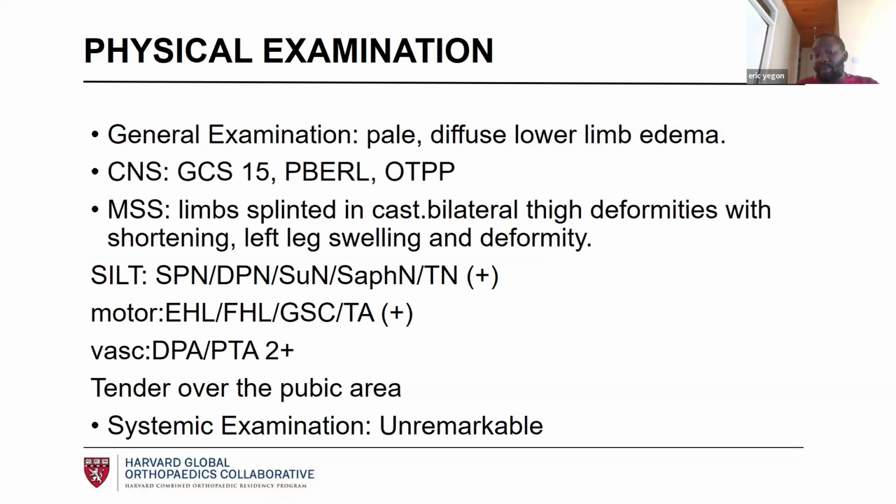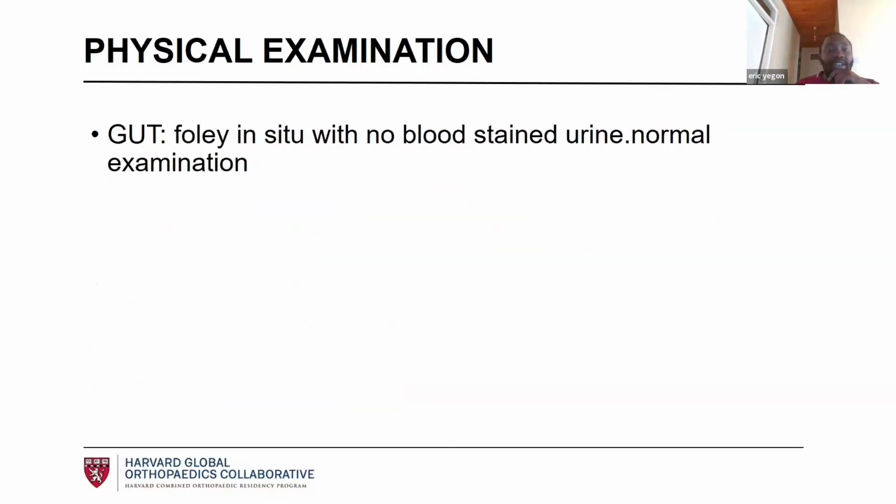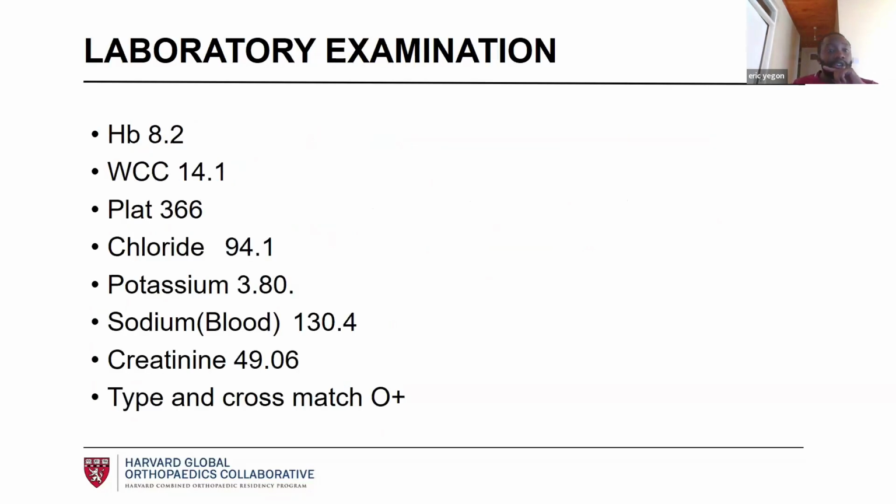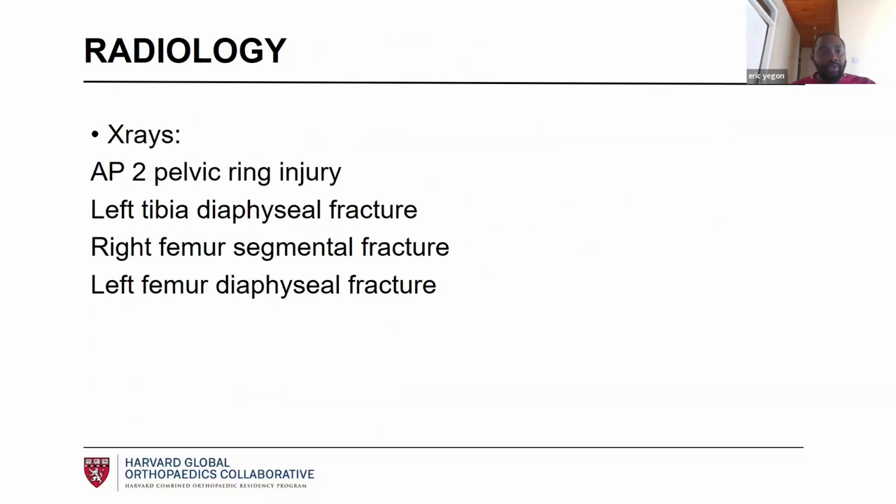She was tender over the pubic area, and apart from that, the systemic exam was unremarkable. We examined the genitourinary tract, and she had a Foley, no blood staining, and the vulva and everything else was okay, even the digital rectal exam was okay. She was anemic by the time she came, with a little bit of leukocytosis, but otherwise everything else seemed to be within normal.